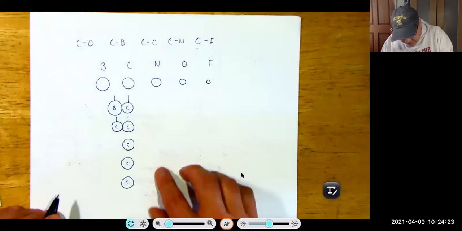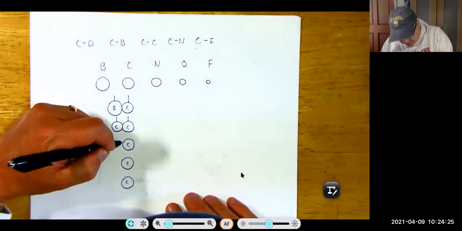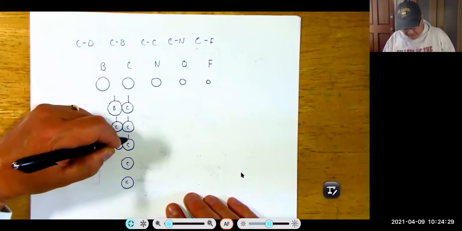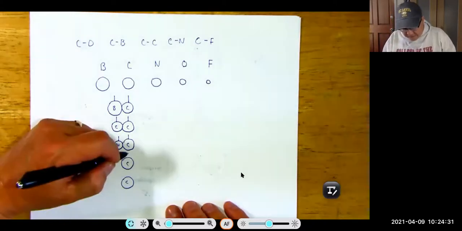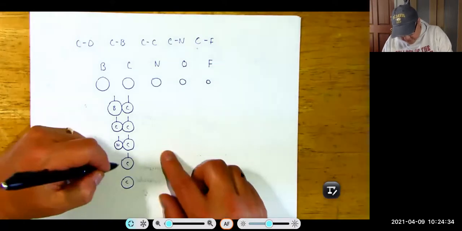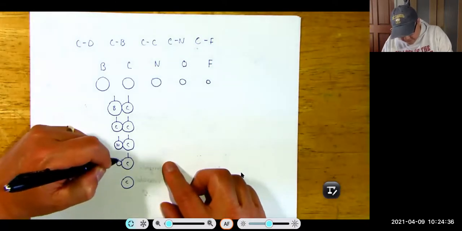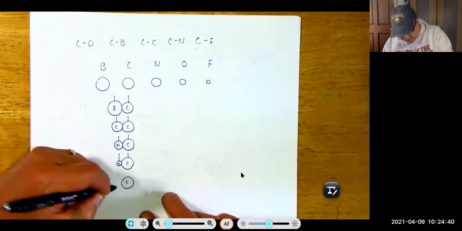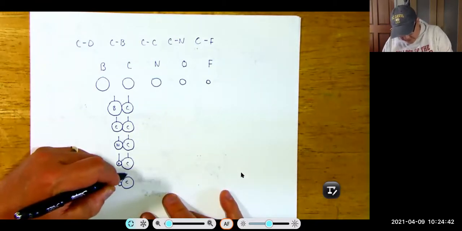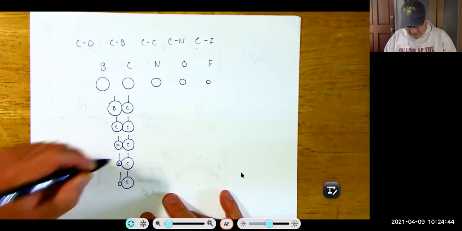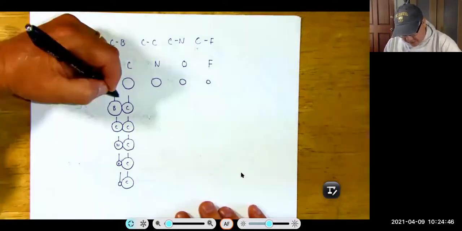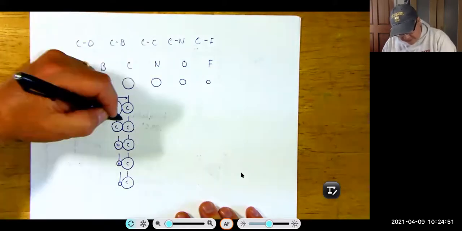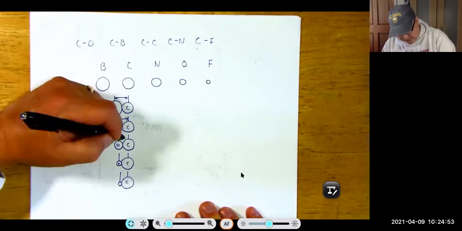For a nitrogen, I'm going to draw an atom that's a little bit smaller. And here's the bond length. And then for oxygen, something that's even smaller yet. So here's the bond length for my oxygen. And for my fluorine, which is really tiny, there's my bond length. So the deal here is that you should see that that's a BC bond length. This is a CC bond length. This is an NC.